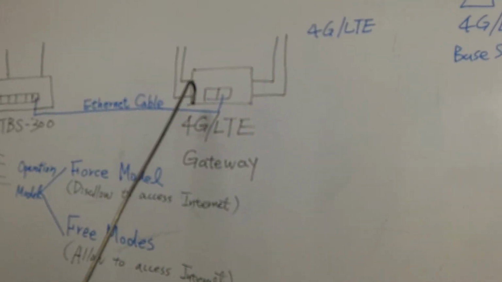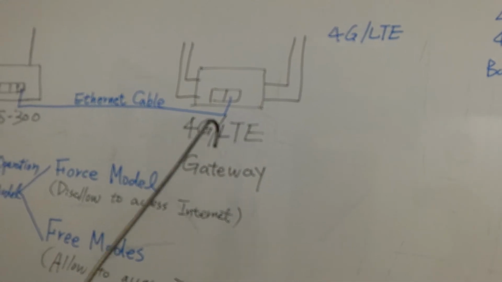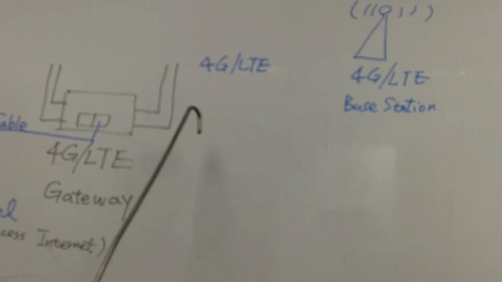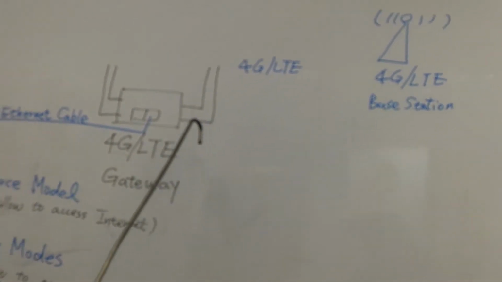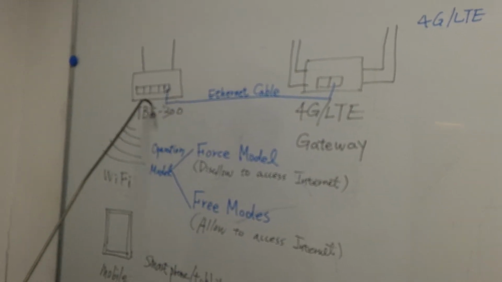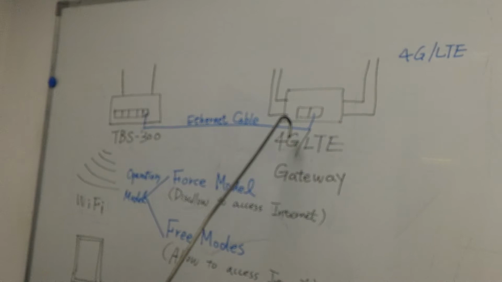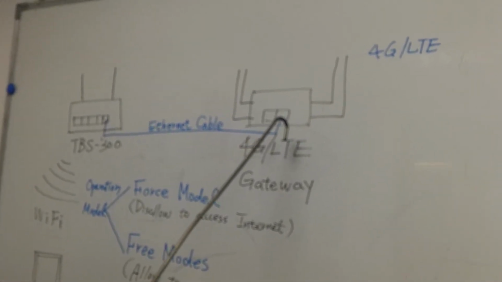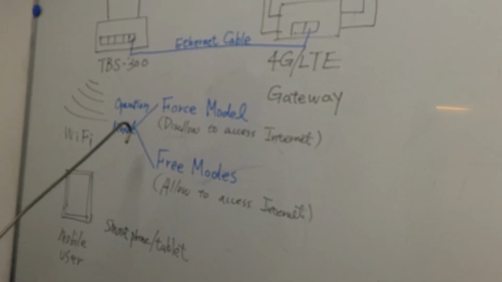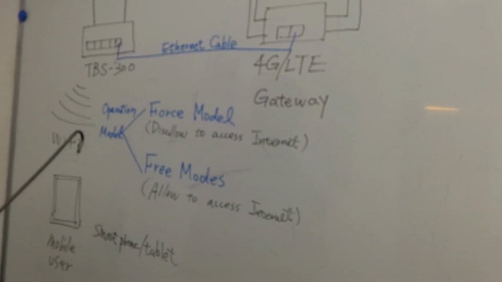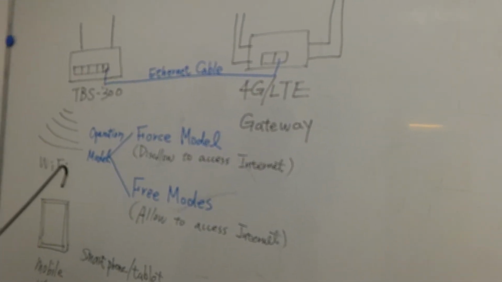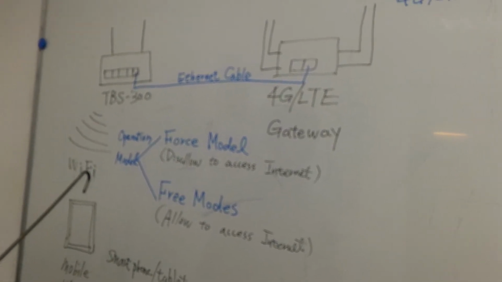We need to make sure the 4G LTE gateway can connect to the 4G LTE base station and is able to access the internet. Next, we connect an Ethernet cable from TBS-300 to the 4G LTE gateway's LAN port. And we can use a laptop PC, tablet or smartphone to enter the TBS-300 administration page to configure the environment.